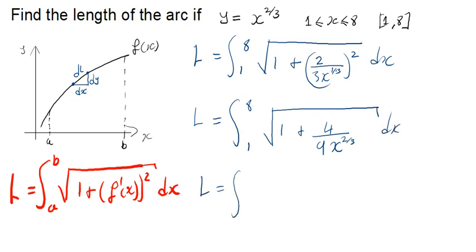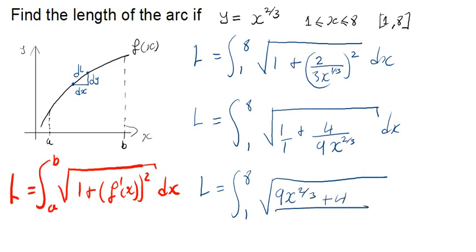Now it's just a matter of following it step by step, and it's very interesting. Here I'm going to write it as a single fraction. I'll multiply the 1 by 9x to the power 2 over 3, plus 4, then divide everything by 9x to the power 2 over 3, then you have dx there.